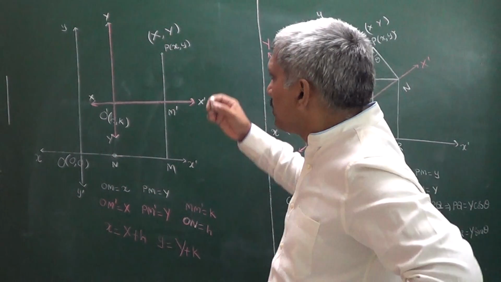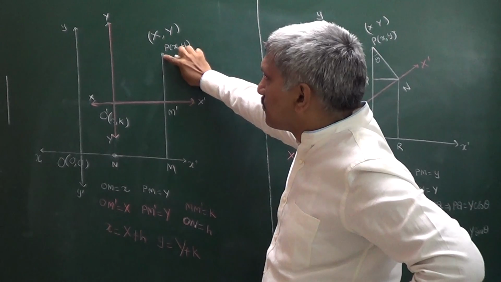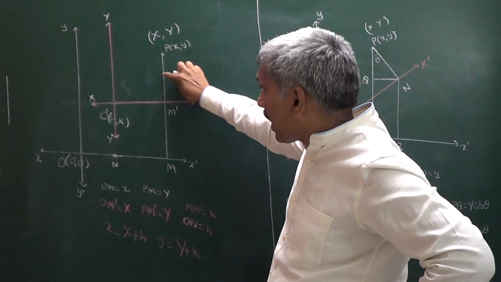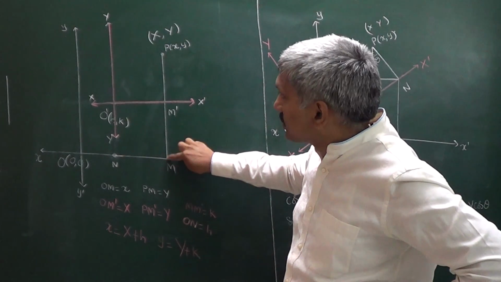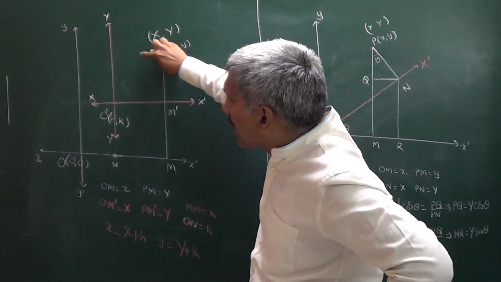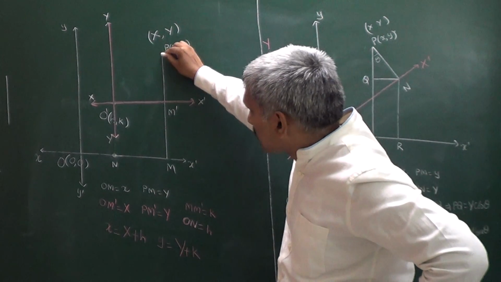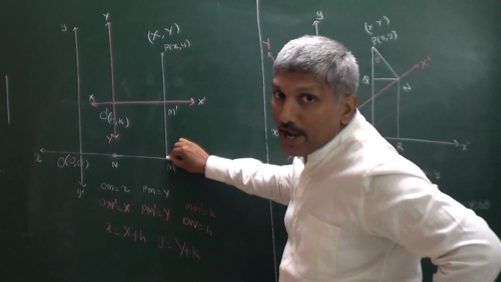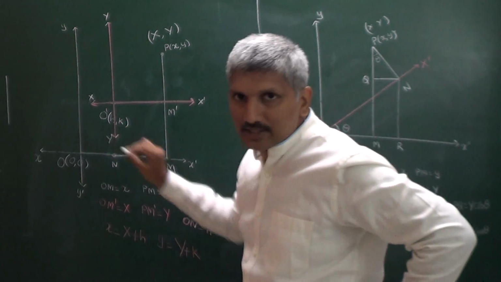First of all, there is a point P x comma y. From this point P onto the x-axis the perpendicular distance is y. From the same point P onto the y-axis the perpendicular distance is x. That means this height is small y and this distance is small x.